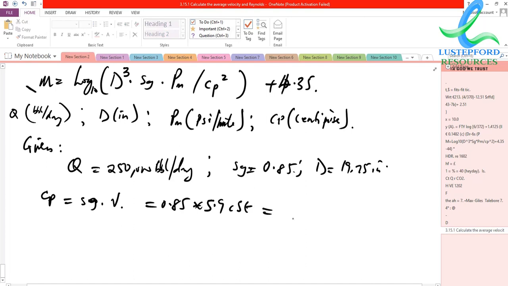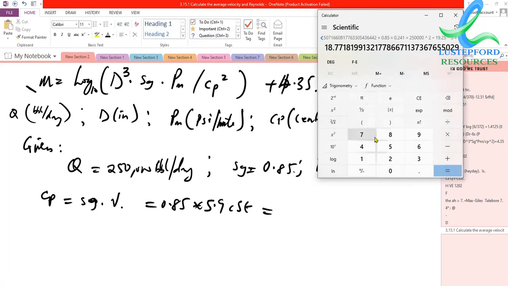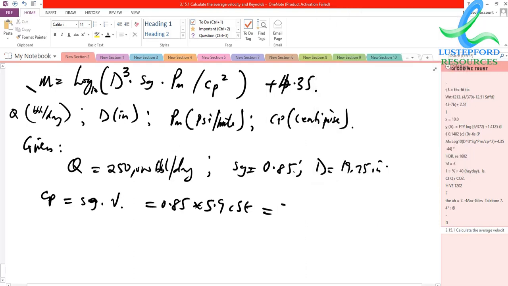So this will now be 0.85 times 5.9. It will give us 5.015 centipoise.